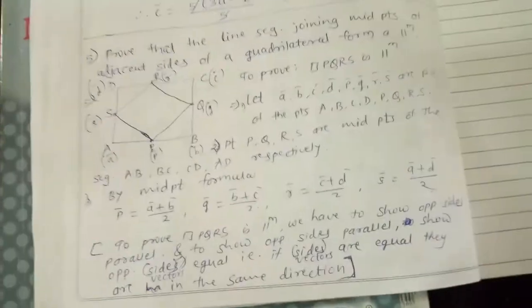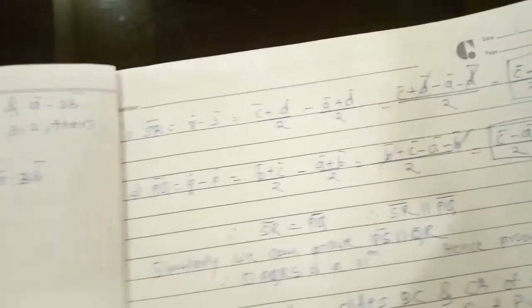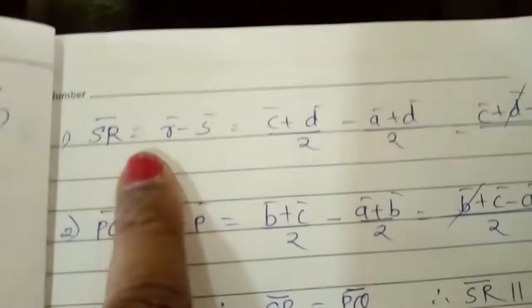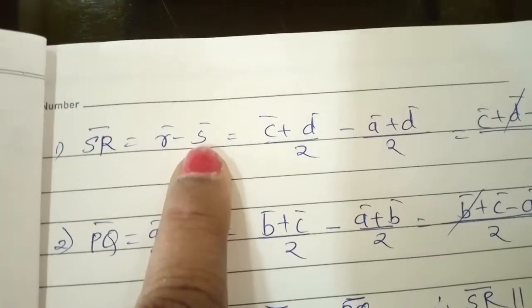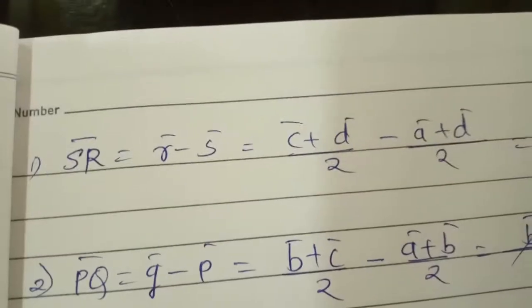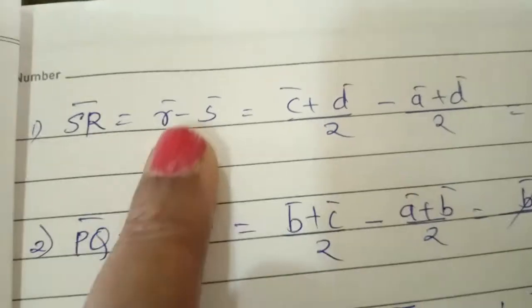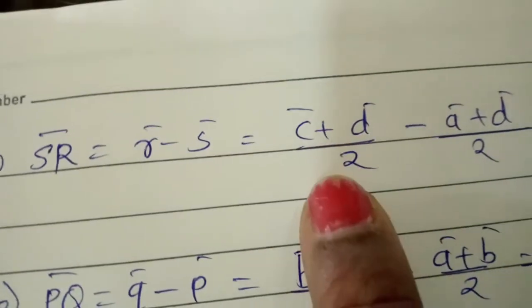See this. SR, how can we write this in the form of position vector? R bar minus S bar. The answer for R bar we already found: C bar plus D bar upon 2.